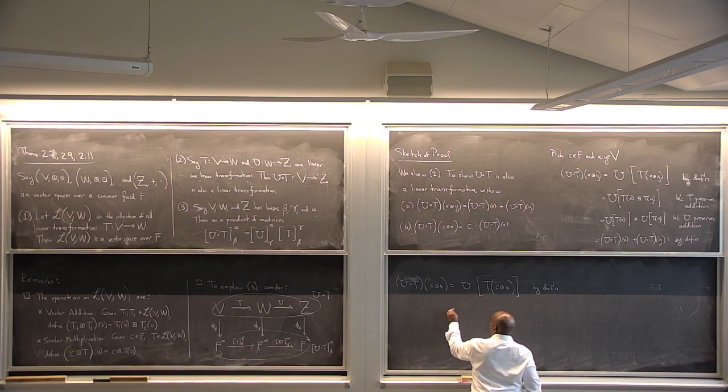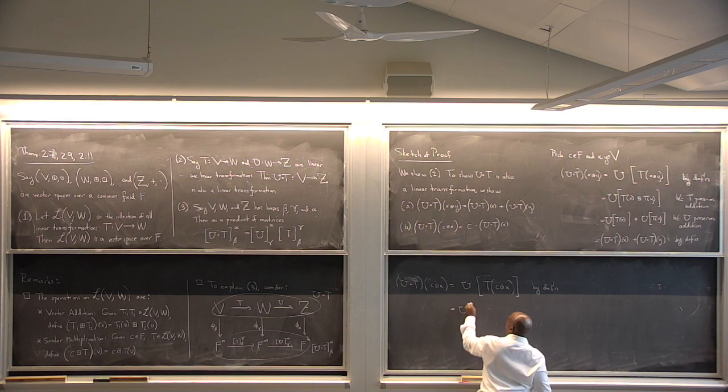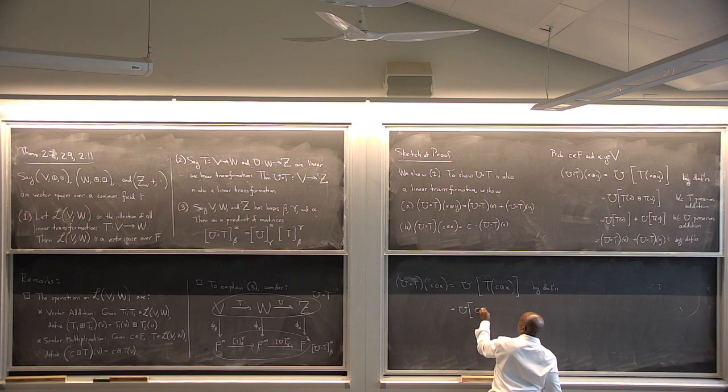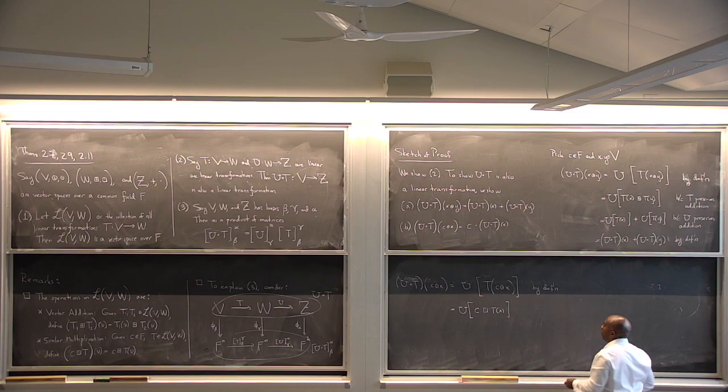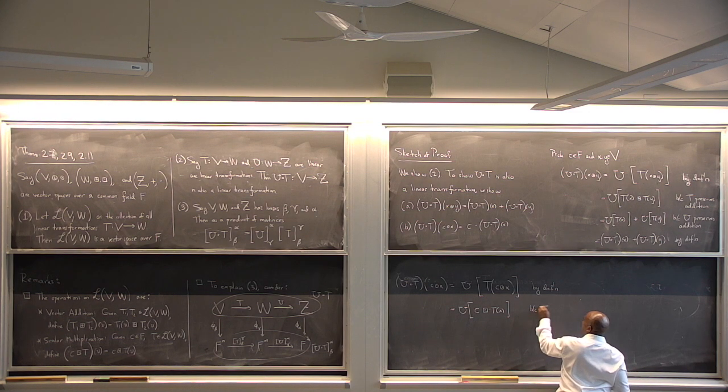Now from here, I can pull the scalar c out front. And of course, this is the scalar multiple in W. And this is because T preserves scalar multiplication.